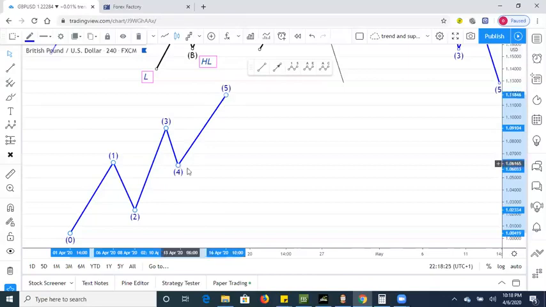If the uptrend is established and the uptrend is going to continue, you could be sure of one thing, that 5 will at least equal 3 or take out 3. That way you have consecutive higher highs, right?